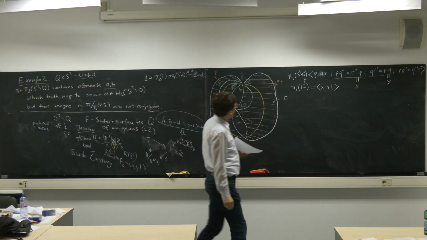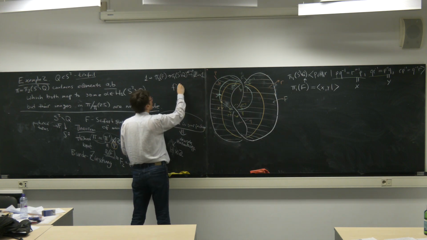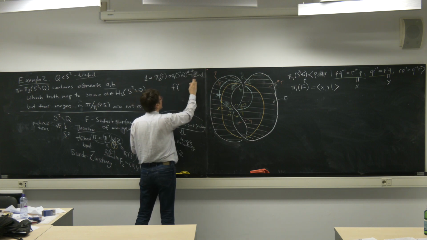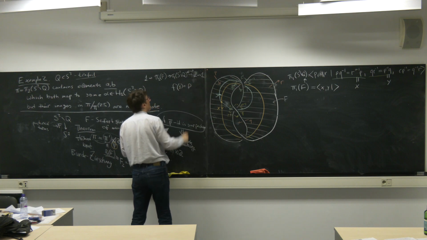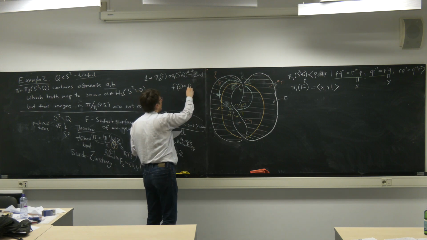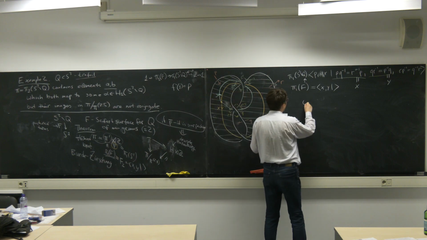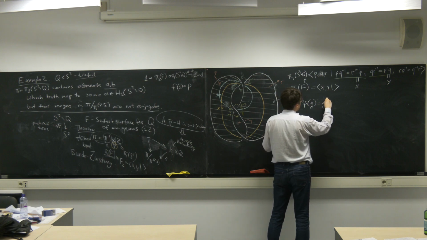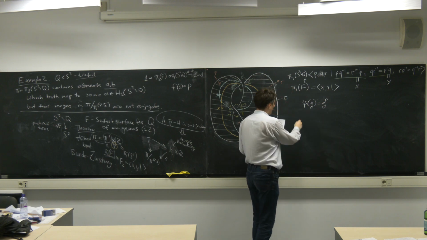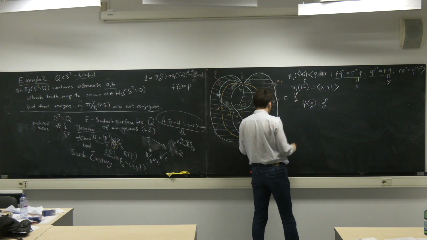And I suggest to use the following splitting: s of the generator, or s of 1, equals P. So then phi of g will be g conjugated by P for g in this group.